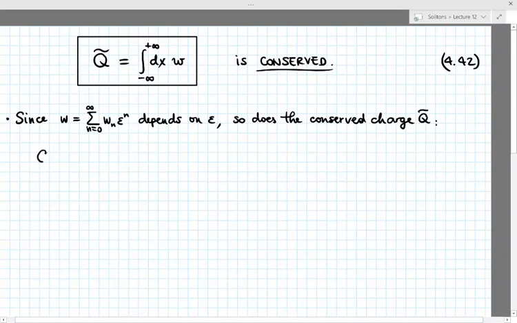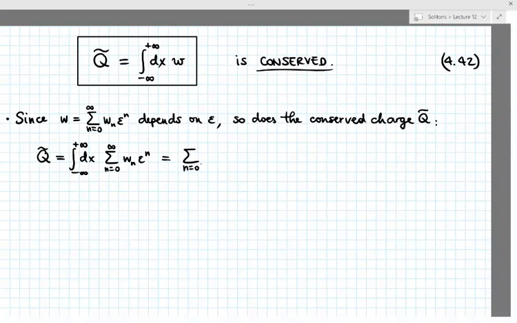And so in particular, we can write Qtilde, which is equal to the integral over X of W, which was a formal power series, sum from 0 to infinity, Wn epsilon to the n. Now we can swap the order of integration and summation. If you're careful, you can only do that assuming sufficient convergence, for instance, absolute convergence. But remember, we're working with formal power series, so we don't need to worry about convergence.